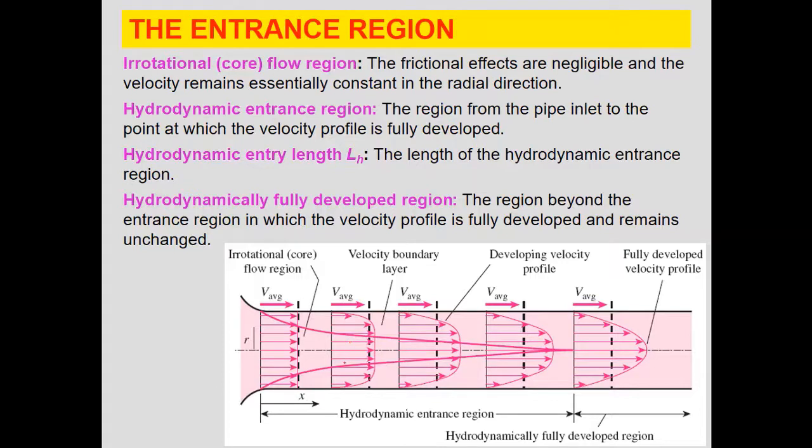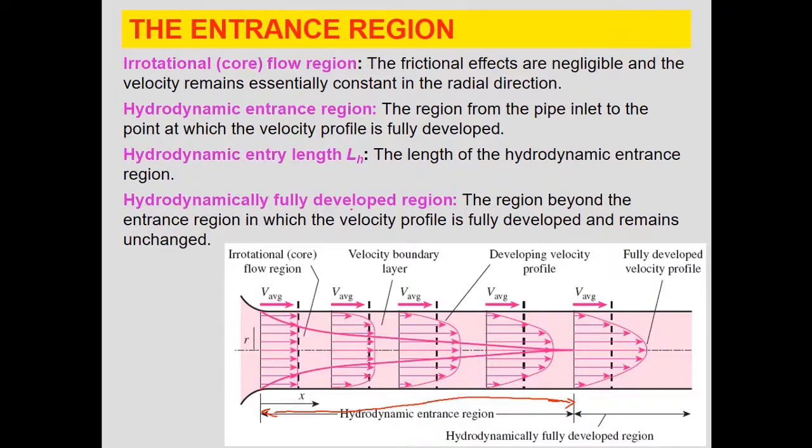But up to here, it is changing to reach this. You can see this also shows the velocity. Hydrodynamic entry length is the length of the hydrodynamic entrance region. This part is LH, or hydrodynamic entry length.